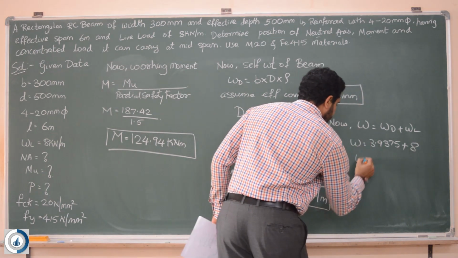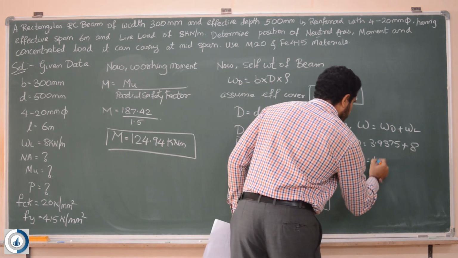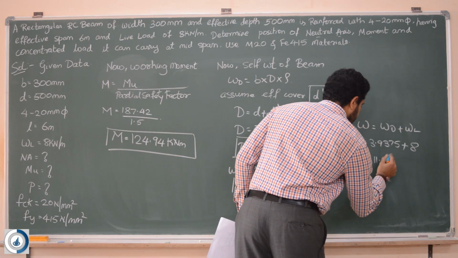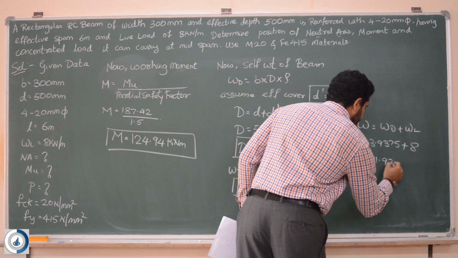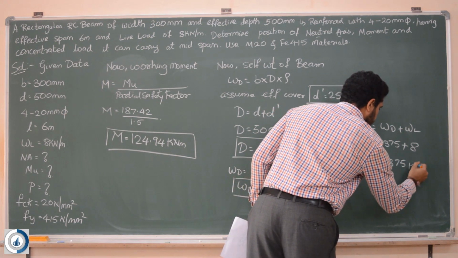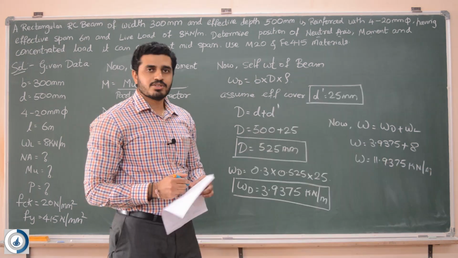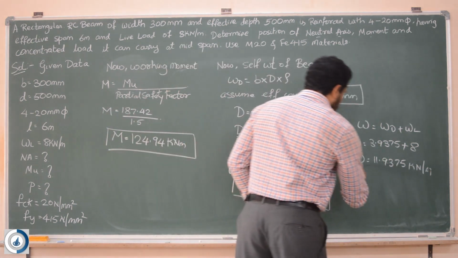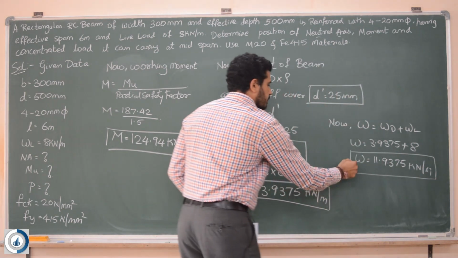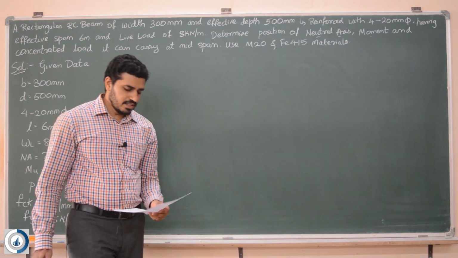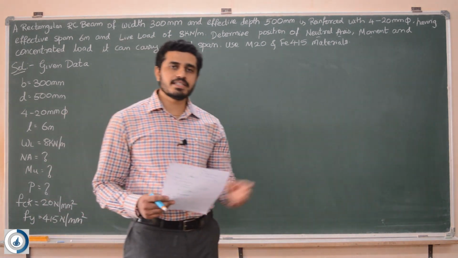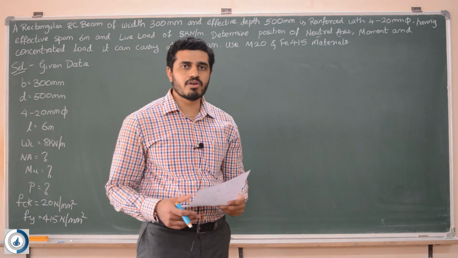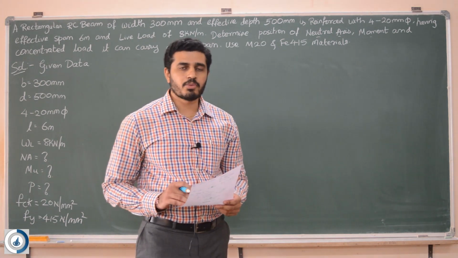When you add it, the total load becomes 11.9375 kilonewton per meter. So this is the overall load coming onto the beam, which is UDL. Now once we have the complete UDL, we can move on to our point load calculation.